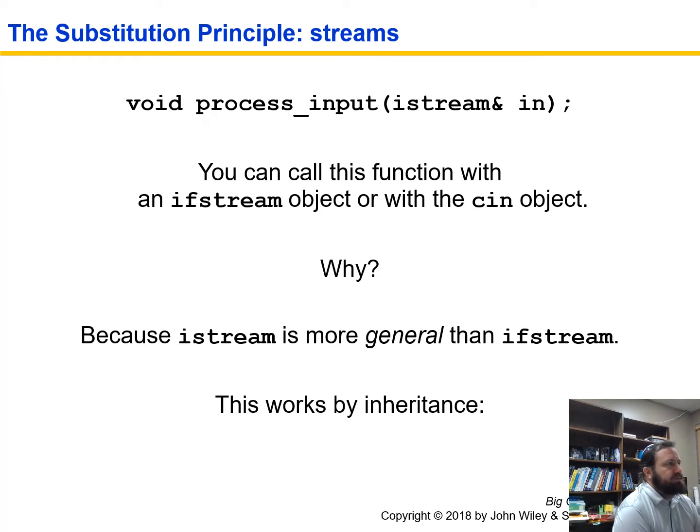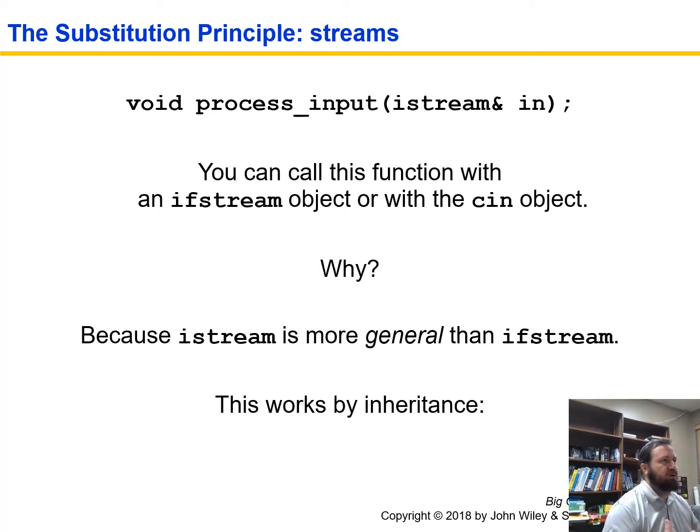If you had a function processInput that took an istream as a parameter, you could call it with an ifstream instead, or with the cin object, or with a string and an istringstream object. Why?